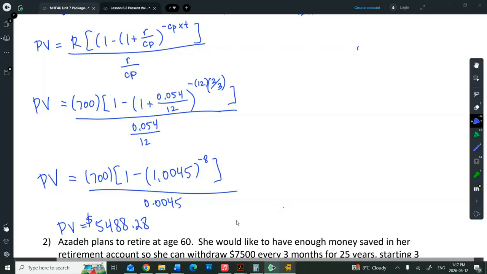So why does he only need $5,488 in the account if he's actually taking out 5,600? What's the reason for the difference there?